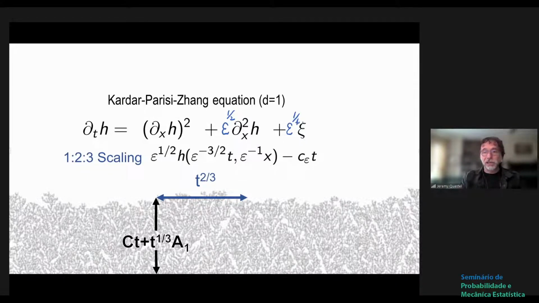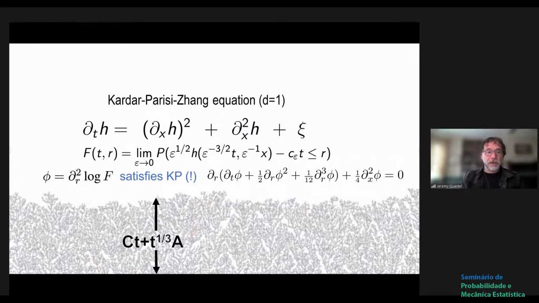And just how non-trivial? Well, here's the amazing fact. Let's take the one-point distributions. So this is F_{T,X}, and I'm sorry, there's a typo. There should be an X in there. So it should say F_{T,X}(R) is the limit as epsilon goes to 0 of the one-point distributions of this thing. And it doesn't matter what you start with.